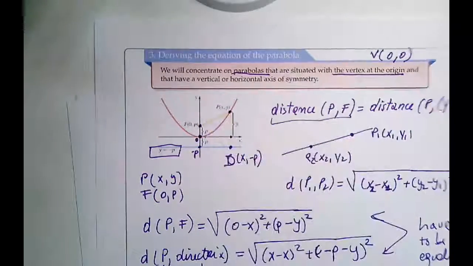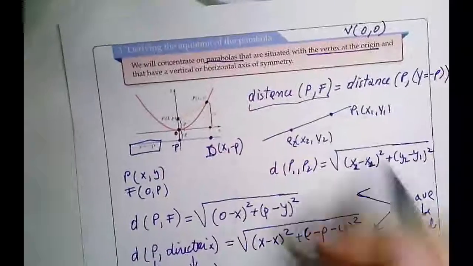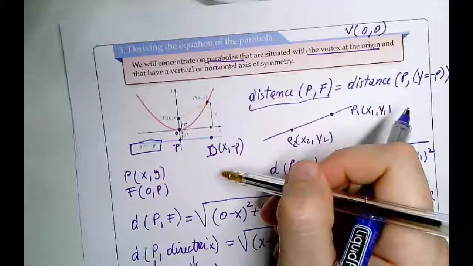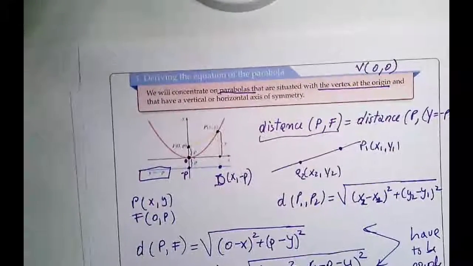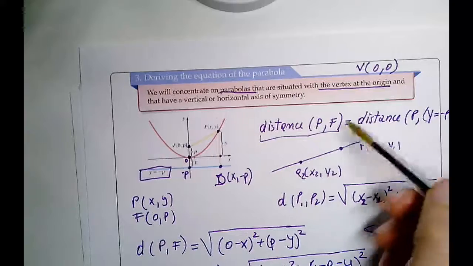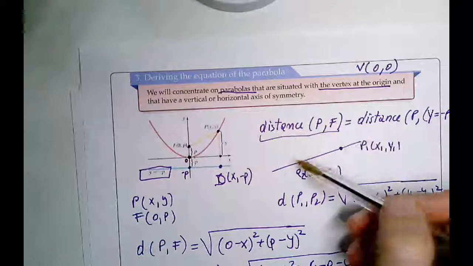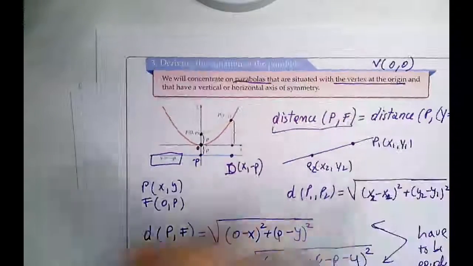But if p is negative, we are going to have a parabola opening down. And then we saw that we can also have parabolas opening to the left and opening to the right. So that's where we're going to go next.